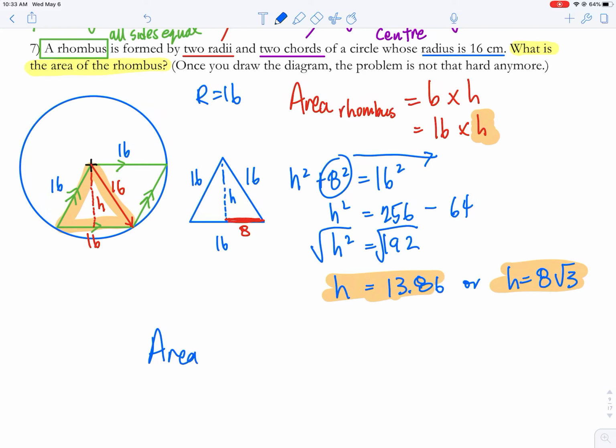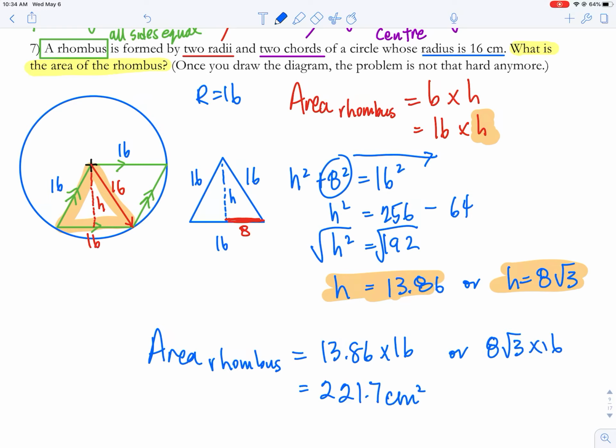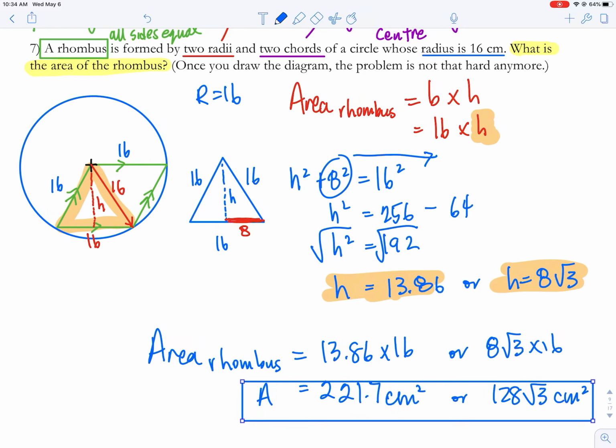So our area of our rhombus is either going to be 13.86 times 16, which is 221.7 centimeters squared, or it'll be 8 root 3 times 16. 8 times 16 is 128 root 3 centimeters squared. And so both of those work as our answers.